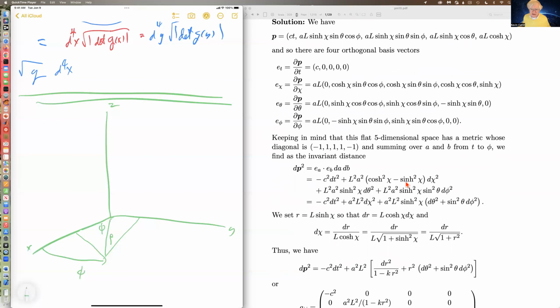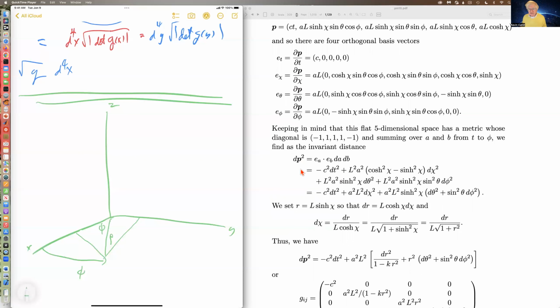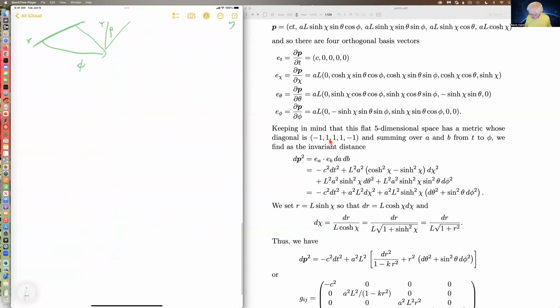Now, this flat 5-dimensional embedding space has a metric with 2 minus signs. So when we form dp squared, we have to take the dot product in this way.